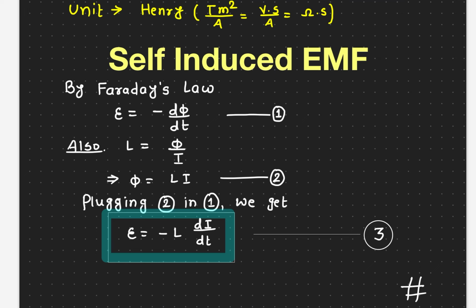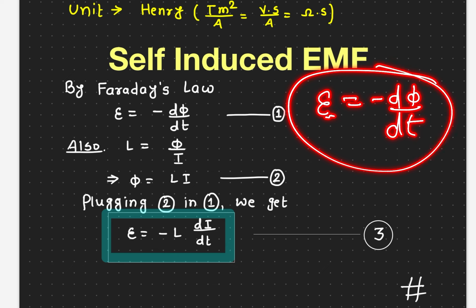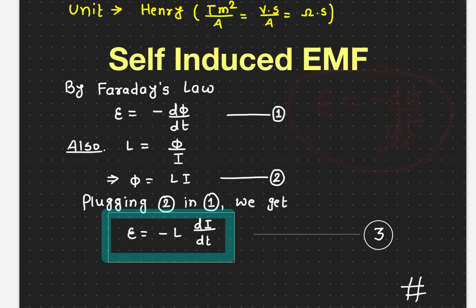I would also like to say something about the other equation of the self-inductance. By Faraday's law, we know that the induced EMF, this E, is the negative rate of change of magnetic flux, d phi over dt. And this negative sign simply means the direction of the induced EMF or induced current will always try to resist the changes.